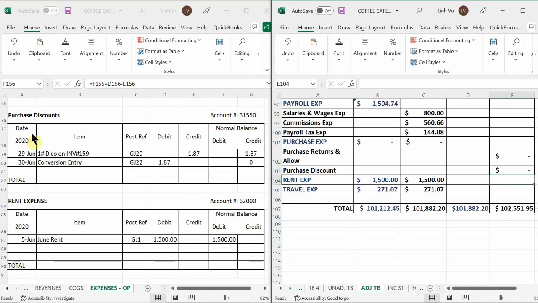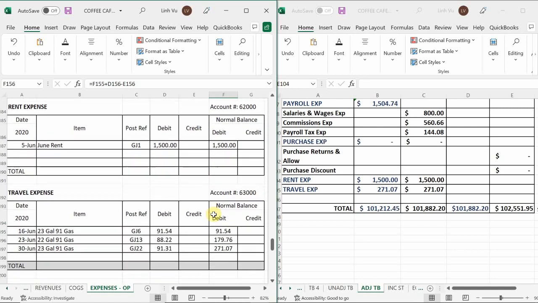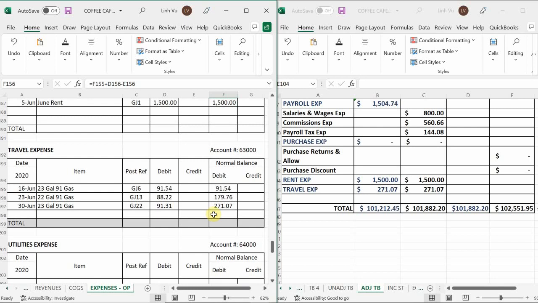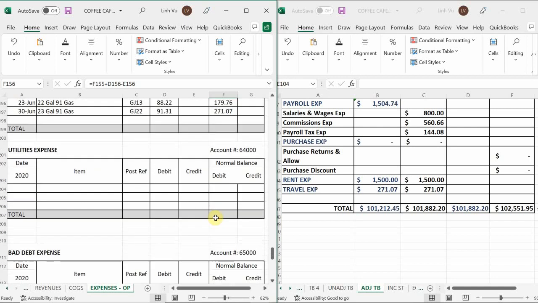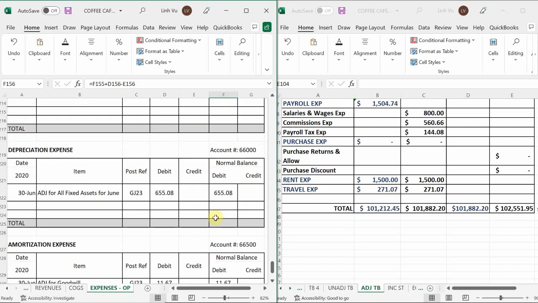Okay. So I have nothing in my purchase expense because I converted it. I don't have it anymore. My rent expense is still at $1,500. Okay. My travel expenses are still at $271.07. Okay. No utilities expense. Right here is the first, bad debt expense. No, we don't have any.